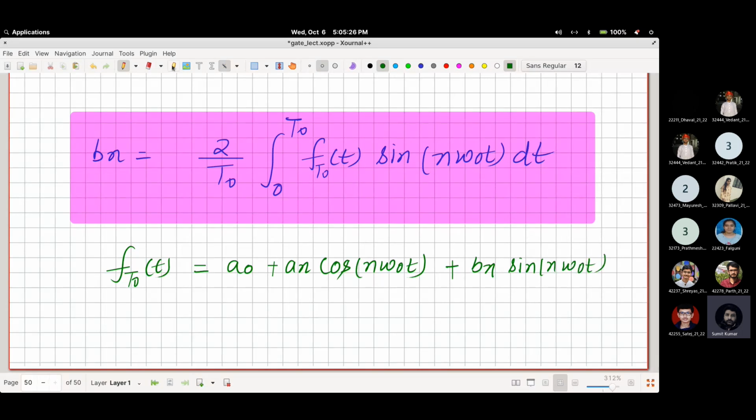I forgot the summation. Let me write it here. So equal to a naught plus this. There should be a summation sign here, n is equal to 1 to infinity. Right?